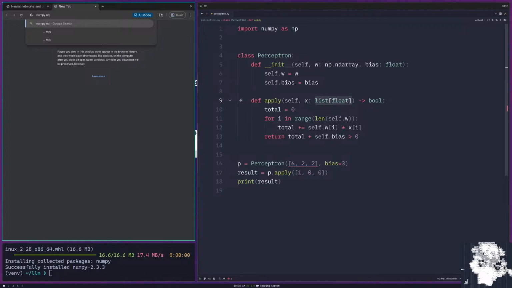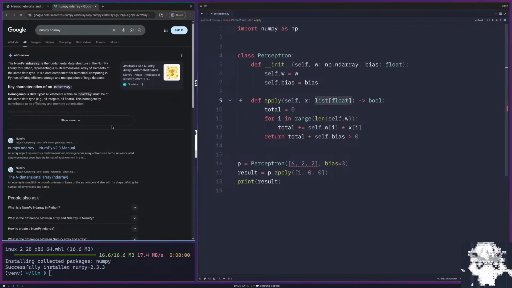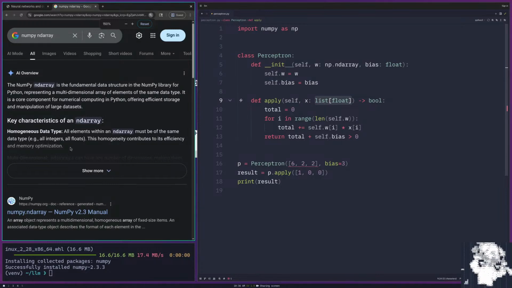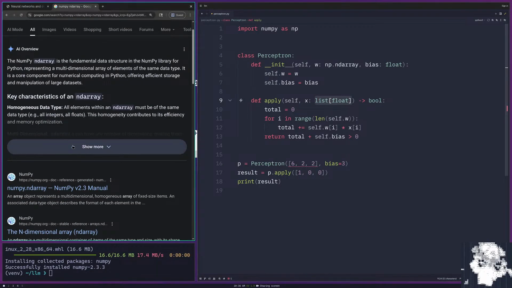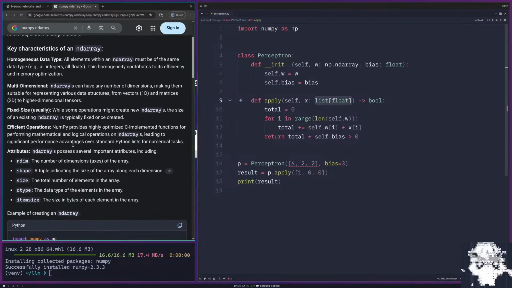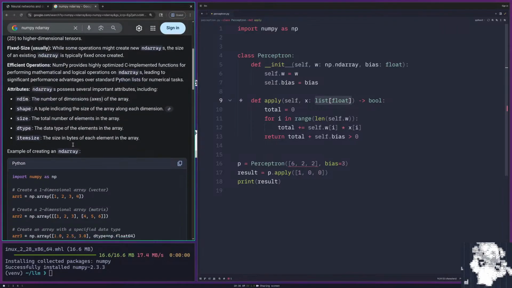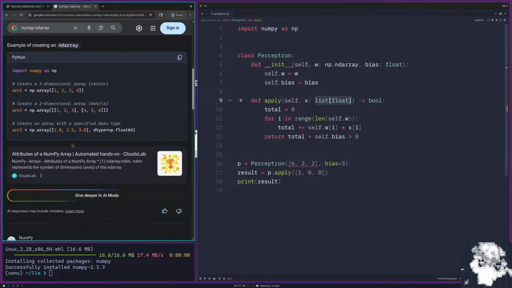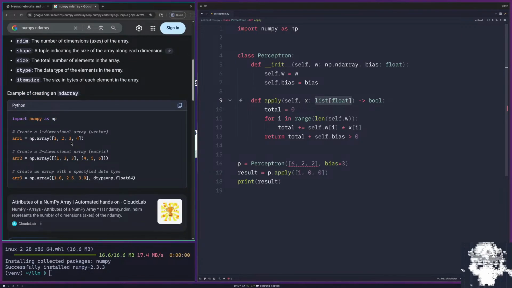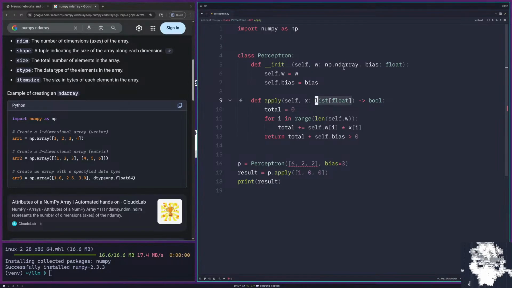NumPy ndarray. Fundamental data structure for n-dimensional arrays. Okay, so when you do np.array, the type is an ndarray.